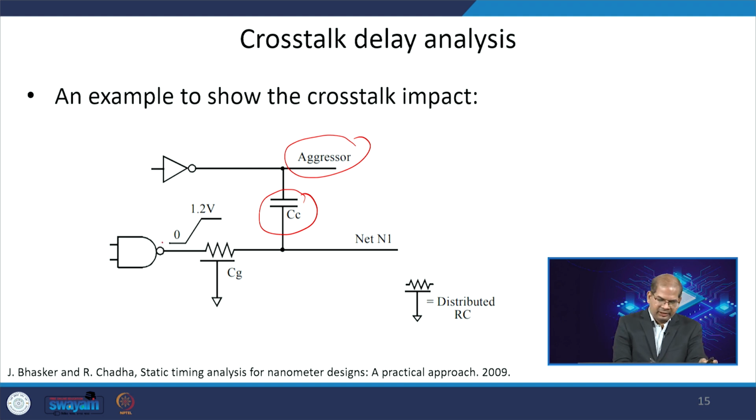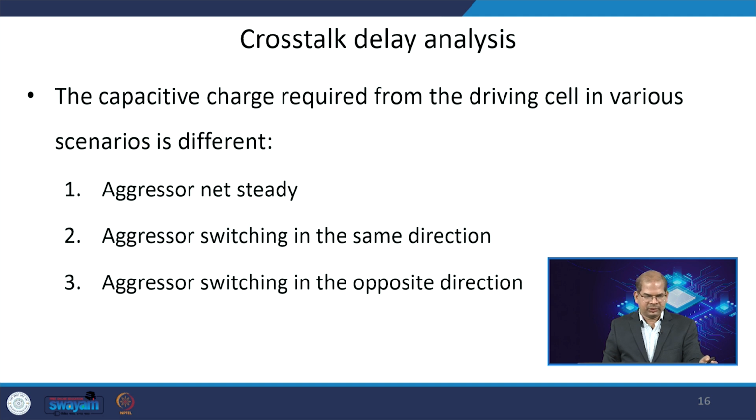Then we have this aggressor net and this victim net, and this is your distributed RC line, and you have a NAND gate driving that distributed RC line. With reference to this diagram, three different cases are possible. We will discuss one at a time.